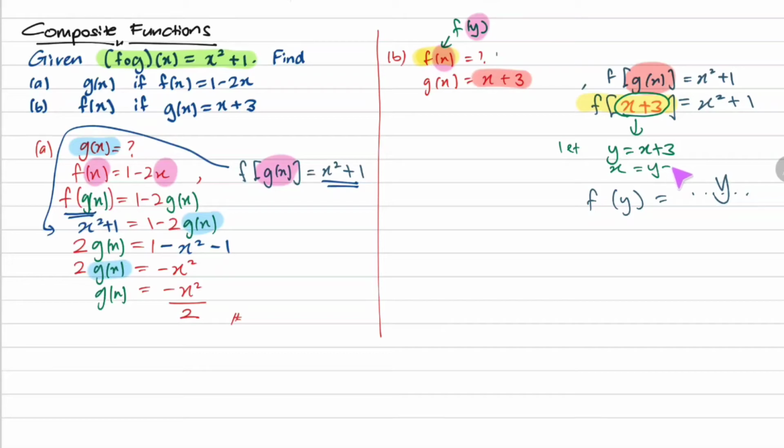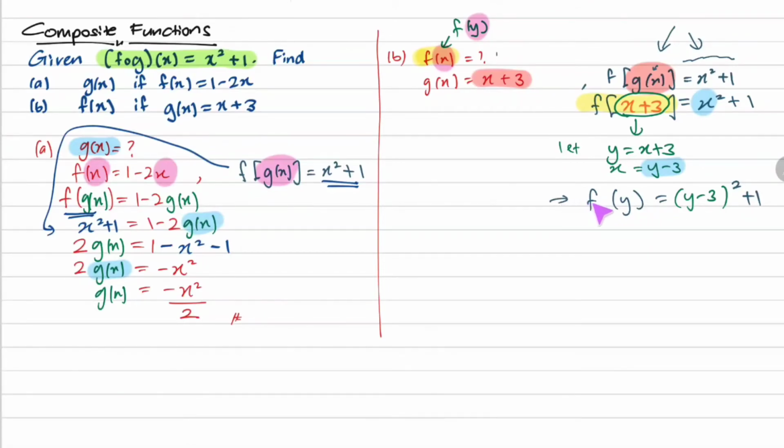So this is just y minus 3. So this means I need to substitute this x to be y minus 3. Why? So that all of the functions on my right side will be everything in terms of y. And why do I want all of my variables to be in terms of y? This is the function f of g, x, where the variable is x. So all of the variables on the right side must be in terms of x.